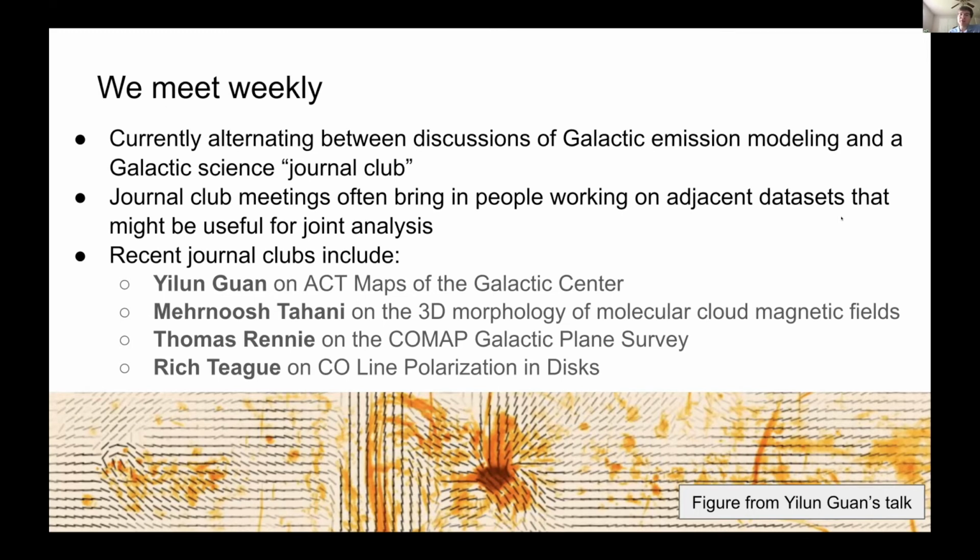We've also had talks on abundances in stellar structures, on synchrotron emission at very low frequencies. So really just a place to bring in experts, talk about galactic science, and think about ways that we could potentially have synergistic analyses or do new and interesting things with our data.